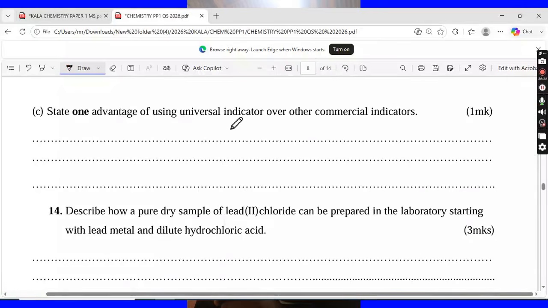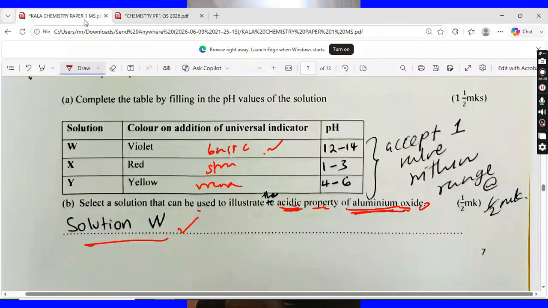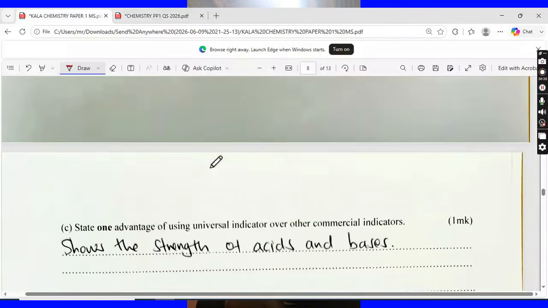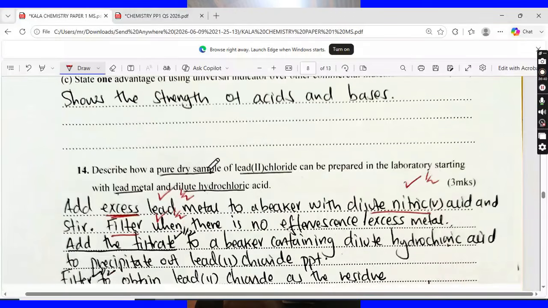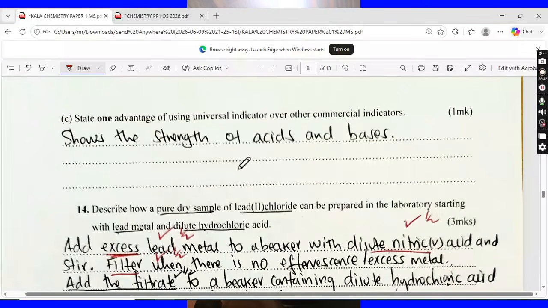State one advantage of using a universal indicator over the other commercial indicators. It shows the strength of acids as well as the strength of bases, while the commercial indicators show only the acidity or the basicity.